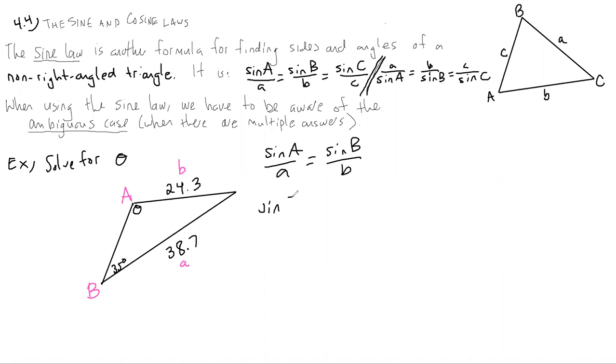So that'll be sine theta over 38.7 is sine 35 degrees over 24.3. Solve for sine theta.